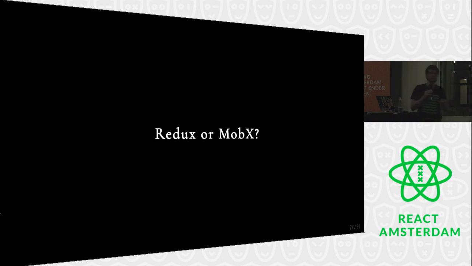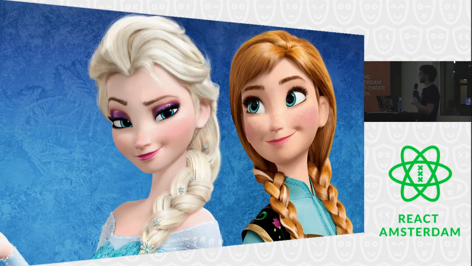Or you could also say, should you use Redux or MobX? Or maybe an even better question, Elsa or Anna? You might be wondering how that relates, but the basic point is I have two small daughters, so this is a question I get the most. They're always arguing over who should play who.